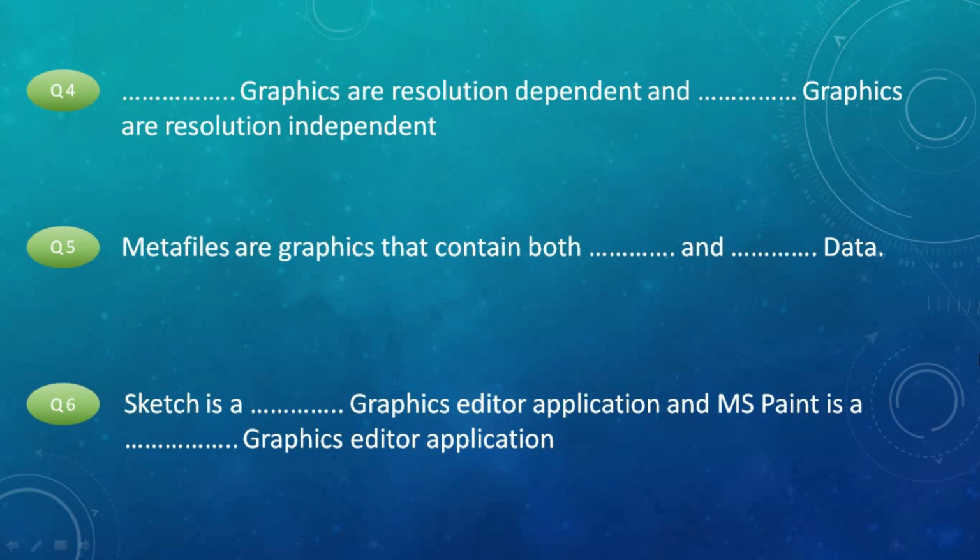The answer for these questions: bitmap graphics are resolution dependent and vector graphics are resolution independent. Meta files are graphics that contain both bitmap and vector data. Sketch is a vector graphics editor application and MS Paint is a bitmap graphics editor application.